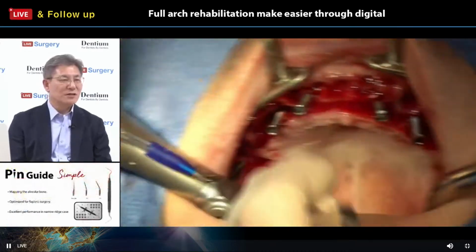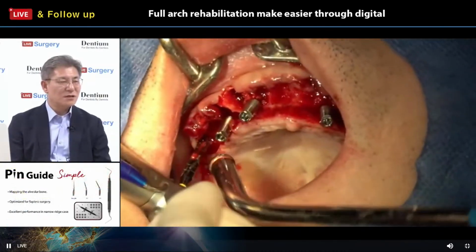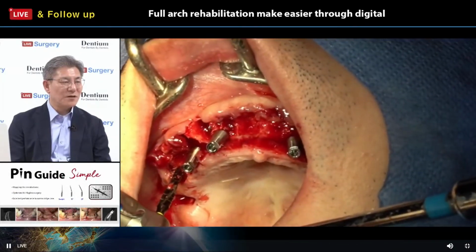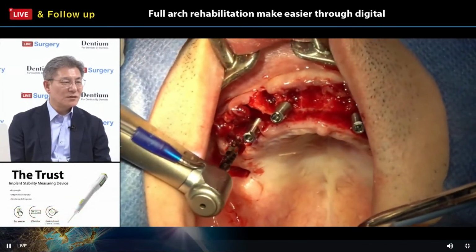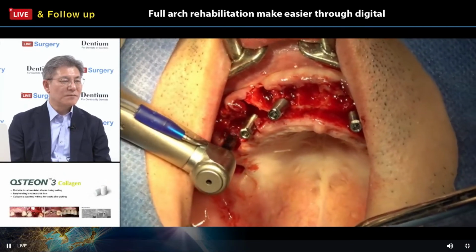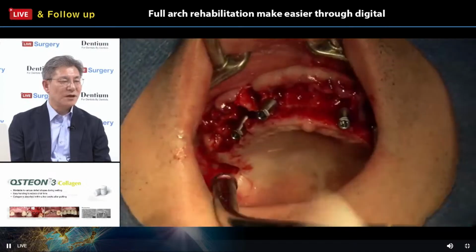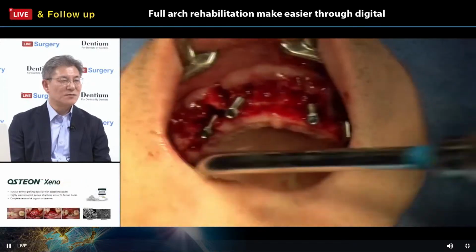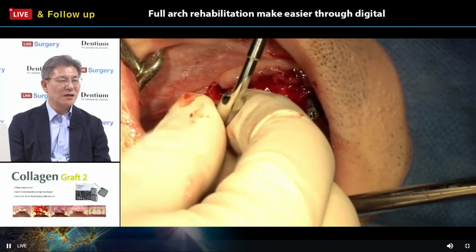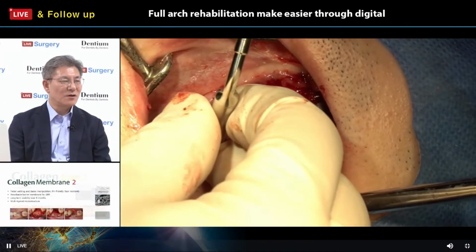Before the crestal drill, he is doing the osteotomy, 3.5 diameter final drill with a low speed of 50 RPM. And this RPM is good for conserving the remnant of the bone. Obviously, he wants to expand the remnant of the alveolar bone.